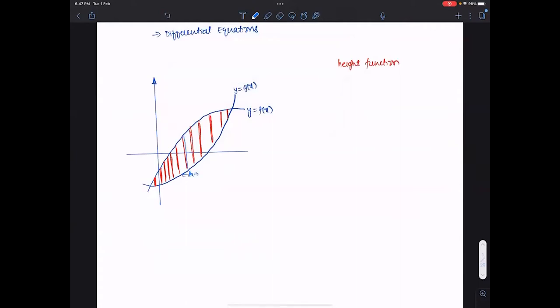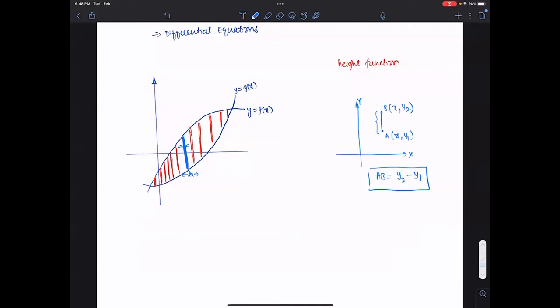When it comes to height, you all know that in 2D, if I take 2 points and join them with a vertical line, these 2 points will have the same x coordinate, and the y coordinates will be different, y1 and y2. Then the length AB will be the upper point y coordinate minus the lower point y coordinate. Same thing here.